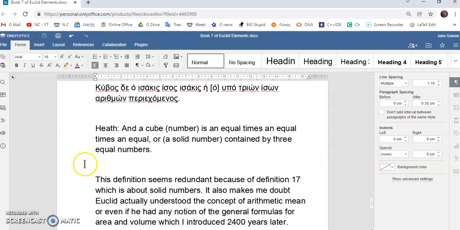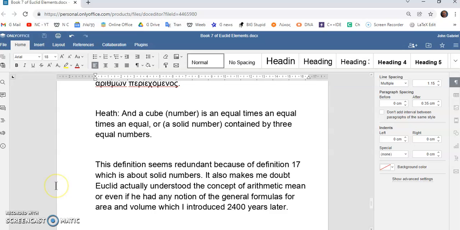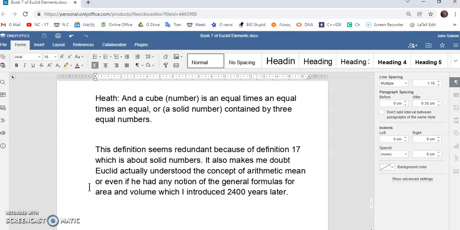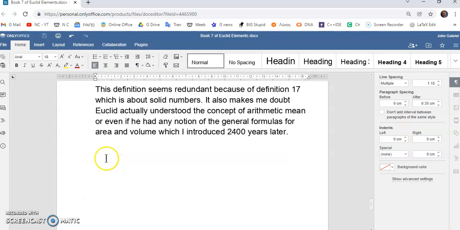Definition 19 seems to be somewhat redundant to me because it is identical to definition 17, with a condition that the sides of the object in definition 17 are all equal. So it also makes me doubt that Euclid actually understood the concept of arithmetic mean, or even if he had any notion of the general formulas for area and volume which I introduced 2,400 years later.